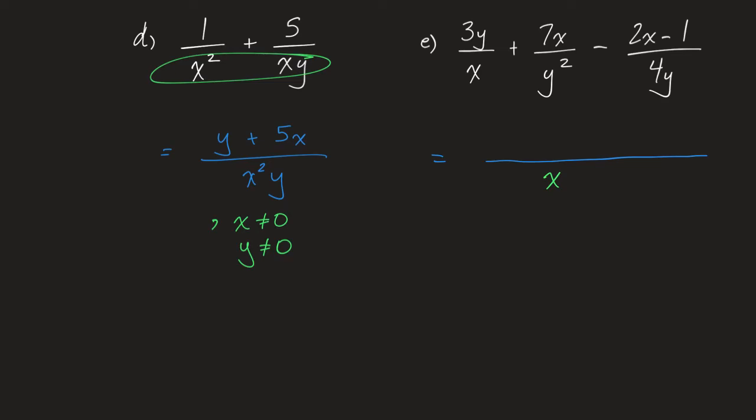So that means that I need to include the full y squared. Now, let me just get rid of my circle. There we go. Now I come down to the last denominator, and it has to include a 4y. Well, I notice in my green, I've already included a y. In fact, I've included 2 of them. I've got a y squared. So I don't need to include any more y's. The only thing that's missing would be my 4.